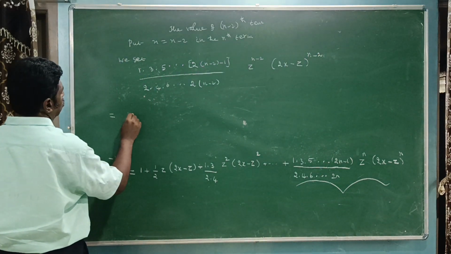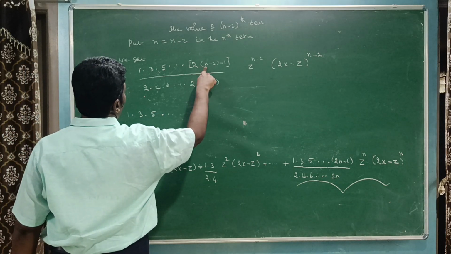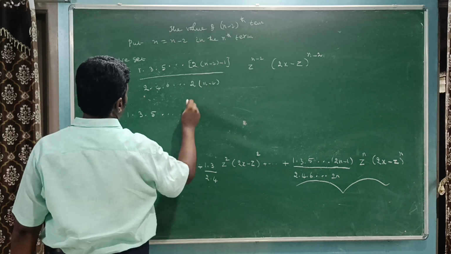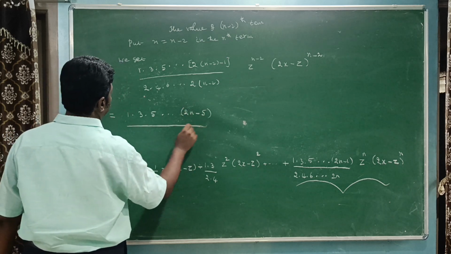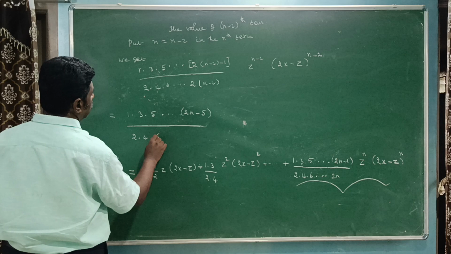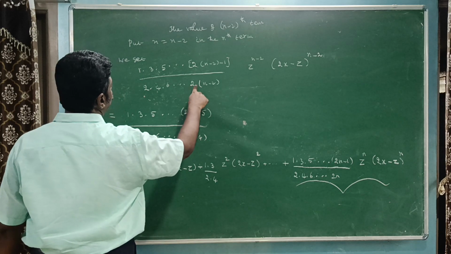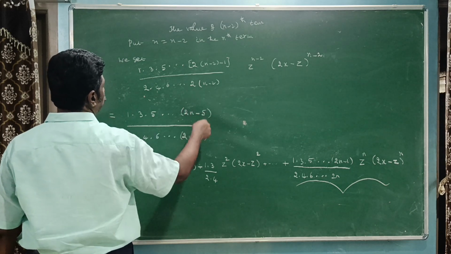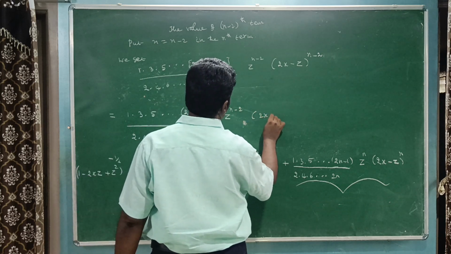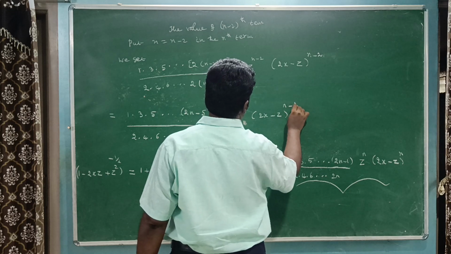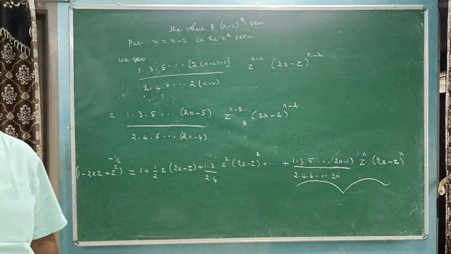This is equal to (1·3·5···(2n − 5))/(2·4·6···(2n − 4)) z^(n−2)(2x − z)^(n−2). This is the value of the (n − 2)th term.